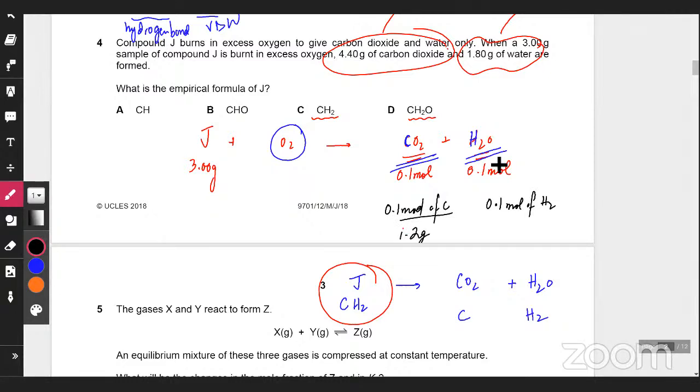And the two hydrogens, that would be 2 into 0.1, that would give me 0.2 grams. So if J was CH2, that only gives you a total mass of 1.4 grams. But they're saying that J had a mass of 3 grams. So the carbons and hydrogens don't sum up to 3 grams.